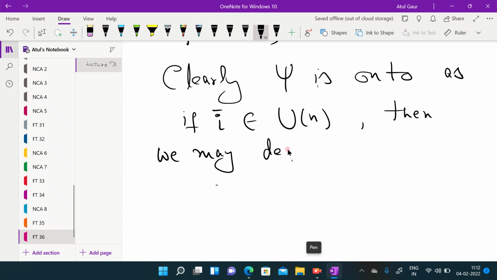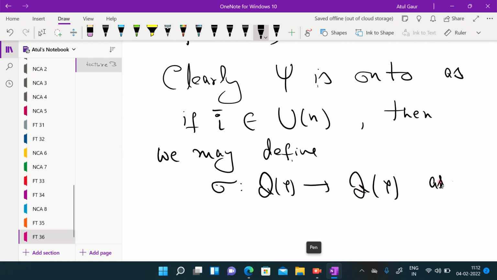We may define sigma from Q(rho) to Q(rho), a Q automorphism.